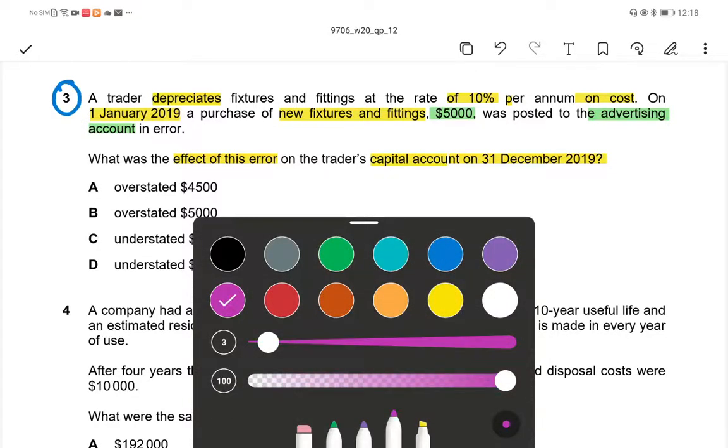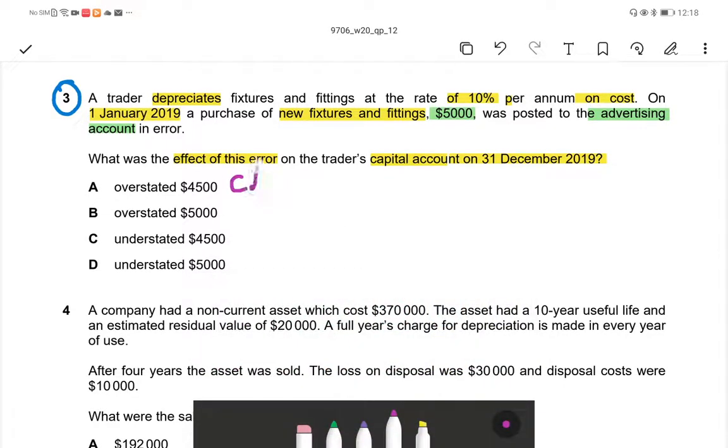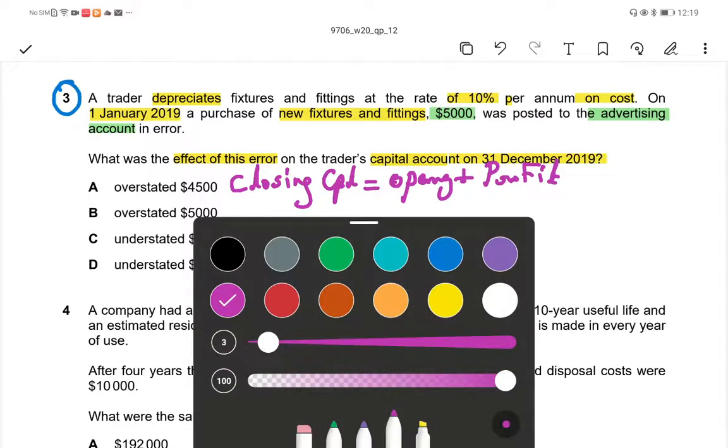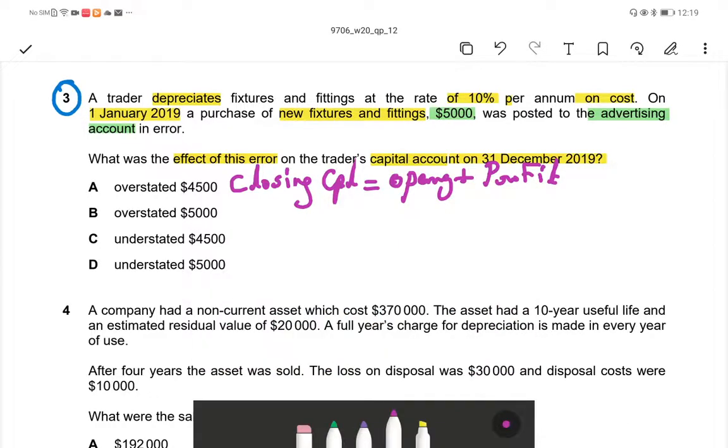Closing capital is equal to opening capital plus profit. The effect on profit will change the capital account. So first we have to check how it affects the profit.